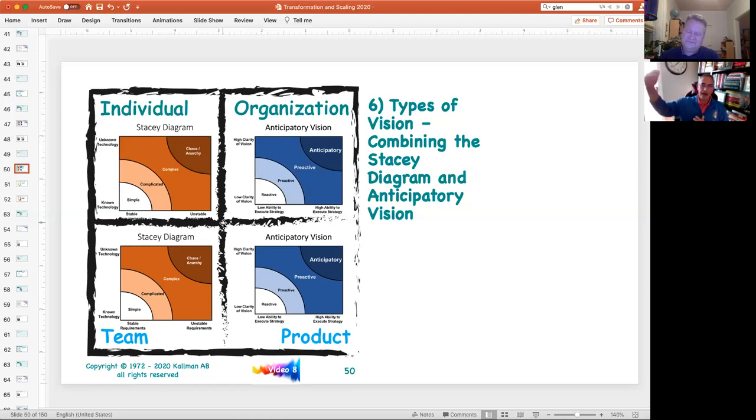complexity getting out into that sort of chaos level. At a team level, the focus for the Stacey diagram is that we must ensure it's not only technology and requirements, but we have to consider the communication layers.